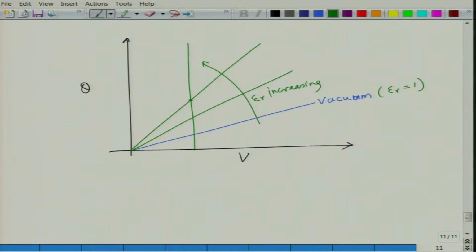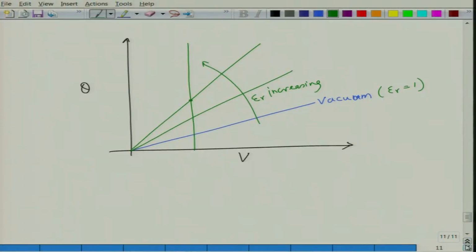So, for the same capacitance you will reduce the voltage, or for the same voltage you will increase the charge storage capacity by using a dielectric, by the amount epsilon r or kappa.